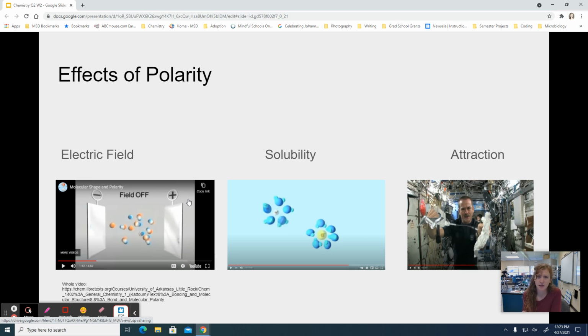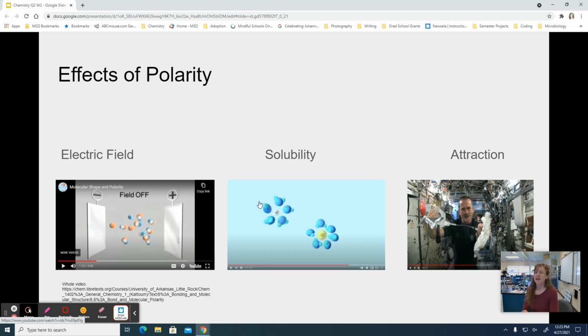Does it build up inside your body? That's based on polarity. Will this skin cream interact with my skin? That's based on polarity. If you look at beauty products and you talk about waterproof versus non-waterproof mascara, that's based on polarity. It affects everything.